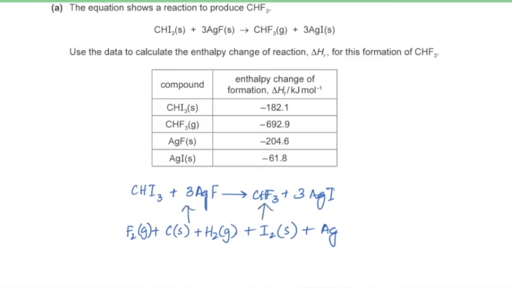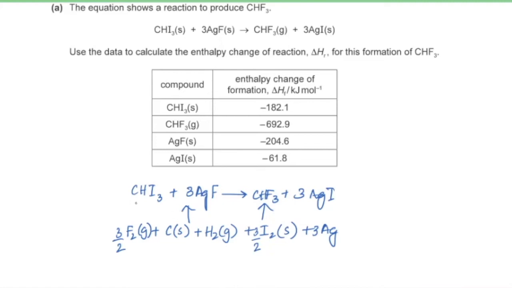Now, we need to label all these arrows with their respective enthalpies, but before we do that, we need to make sure that all these 3 cycles are balanced. So we will be having 3 by 2 over here, and we are also supposed to have 3 iodine, so 3 by 2 over here, and 3 Ag.